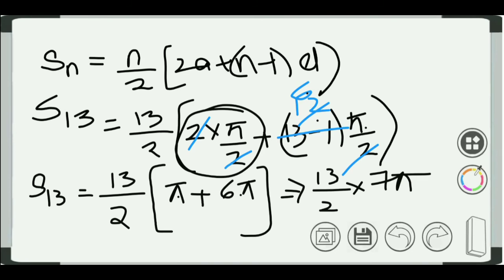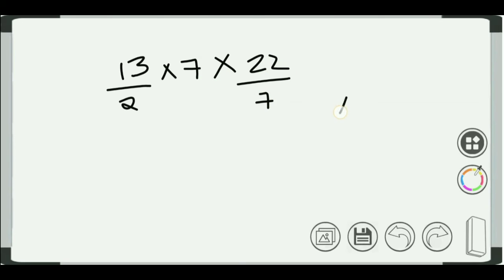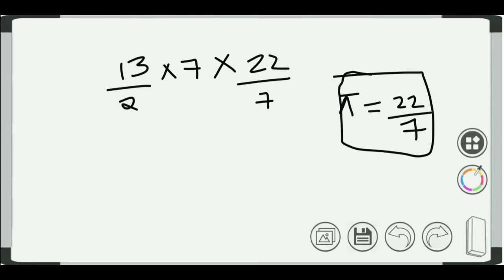Now we'll substitute the value of pi. They have told us to take pi value as 22 by 7. So 13 by 2 into 7 pi, where pi equal to 22 by 7. I have substituted this value of pi in this equation. This is S13. So this 7 and 7 I can cancel.